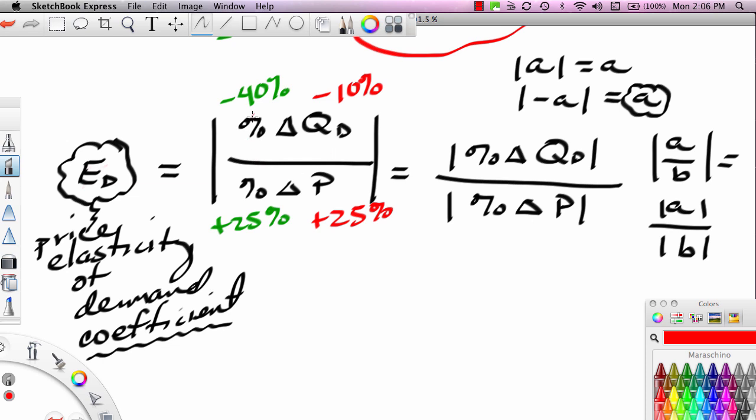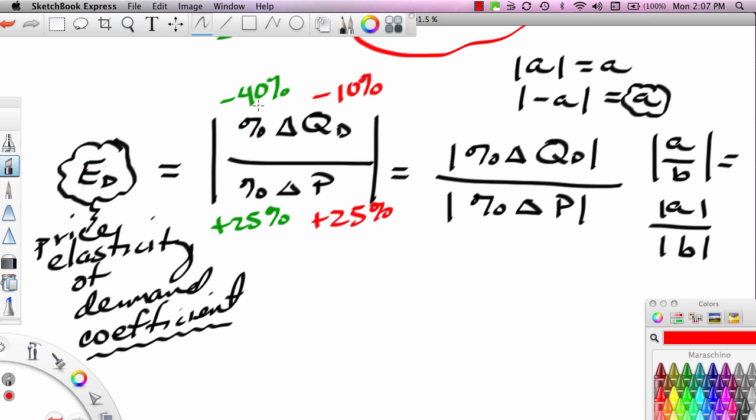Let me just think about this one over here again. If you divide 40% by 25%, I don't have my calculator handy. What is that? That's 1.6. Okay, we're good. So it's a mathematical fact.